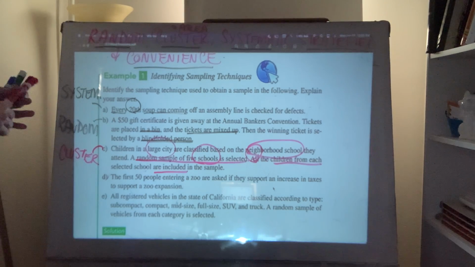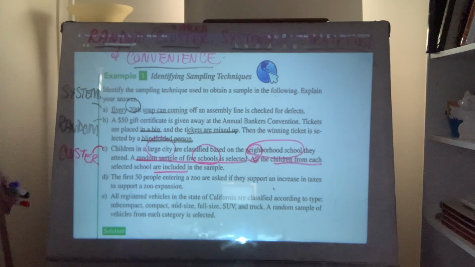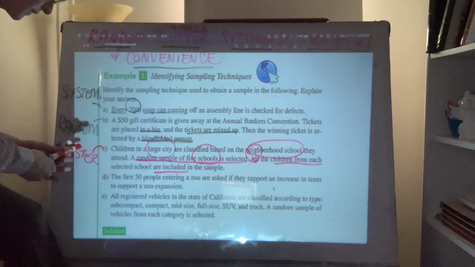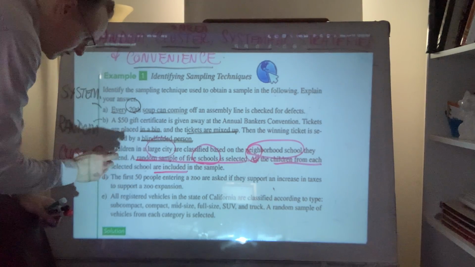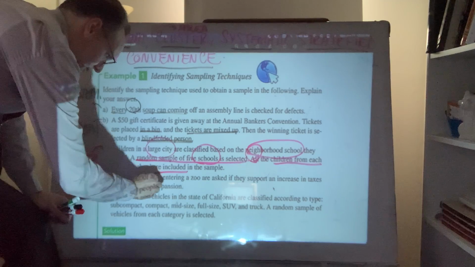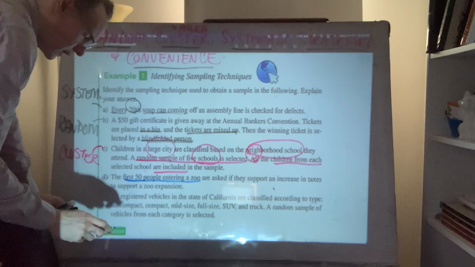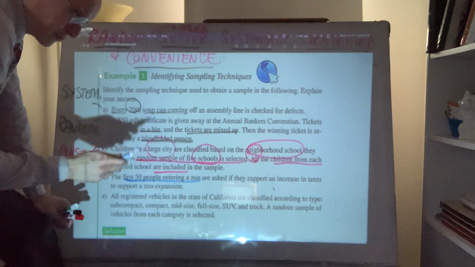D. The first 50 people entering a zoo are asked if they support an increase in taxes to support zoo expansion. A couple of key phrases here: the first 50 people entering a zoo. So not exactly random.